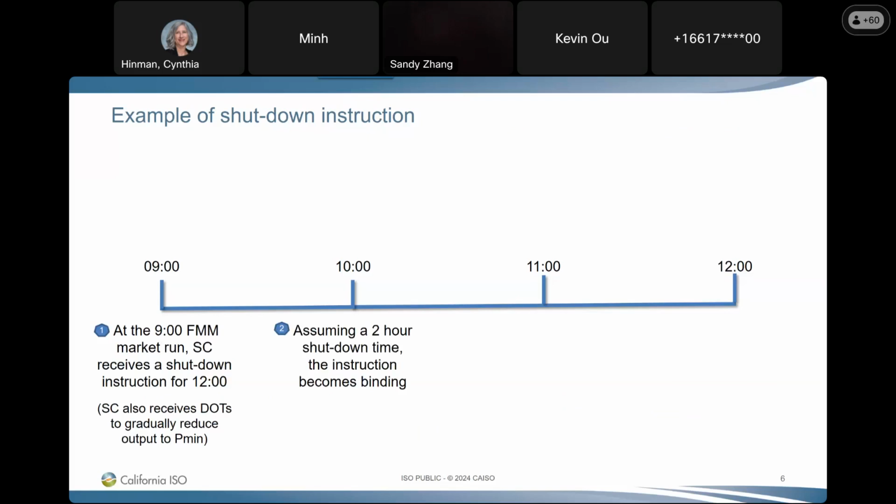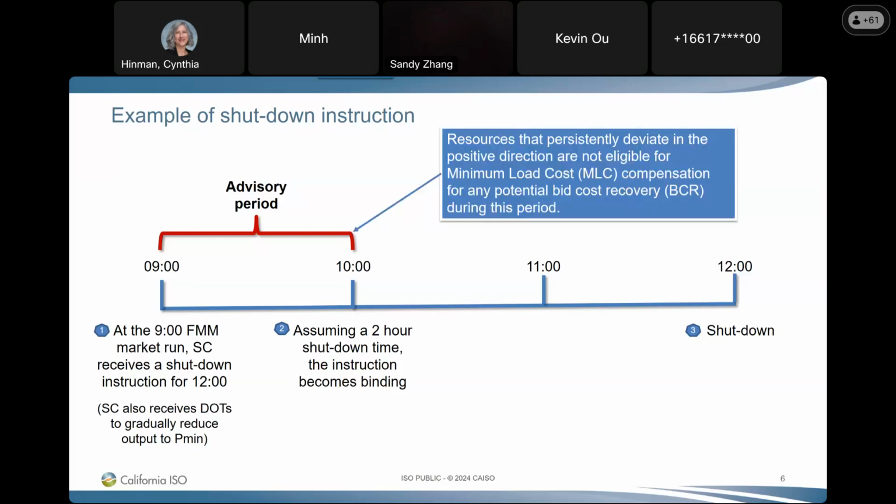So at 10 o'clock, the instruction becomes binding for the shutdown at 12. The advisory shutdown period that we're talking about is that time in this example between 9 o'clock and 10 o'clock. During that period, if a resource persistently deviates in the positive direction, they are not eligible for minimum load cost compensation for any potential bid cost recovery during this period.